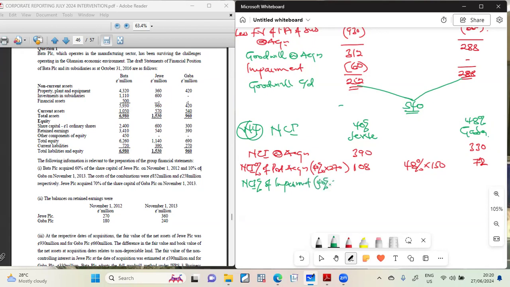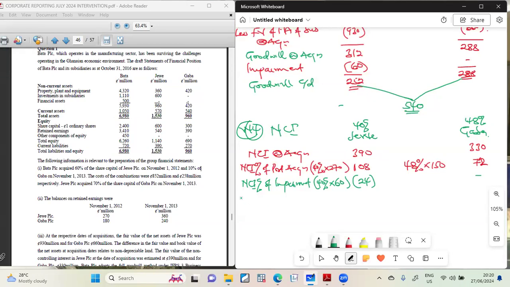The impairment was 60, so it will be 40% of the 60, which is 24. This one didn't have anything like that. What is the last thing we do in the NCI?